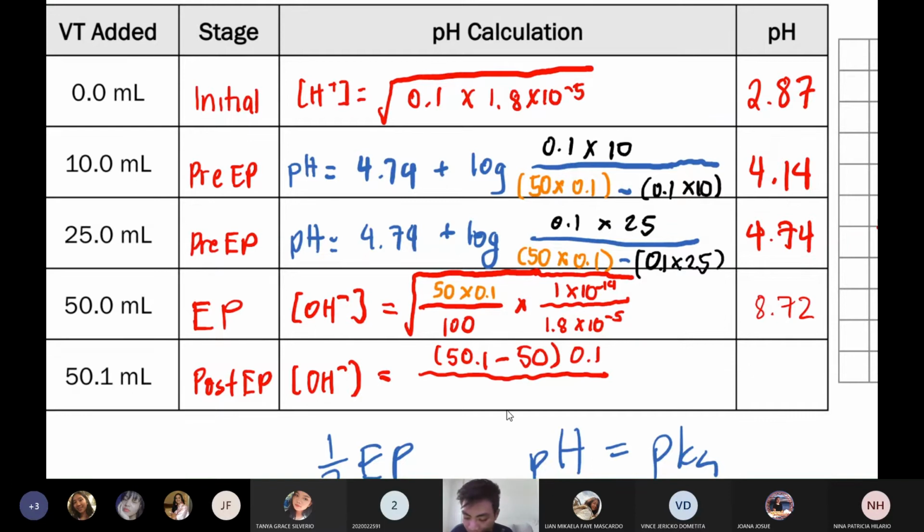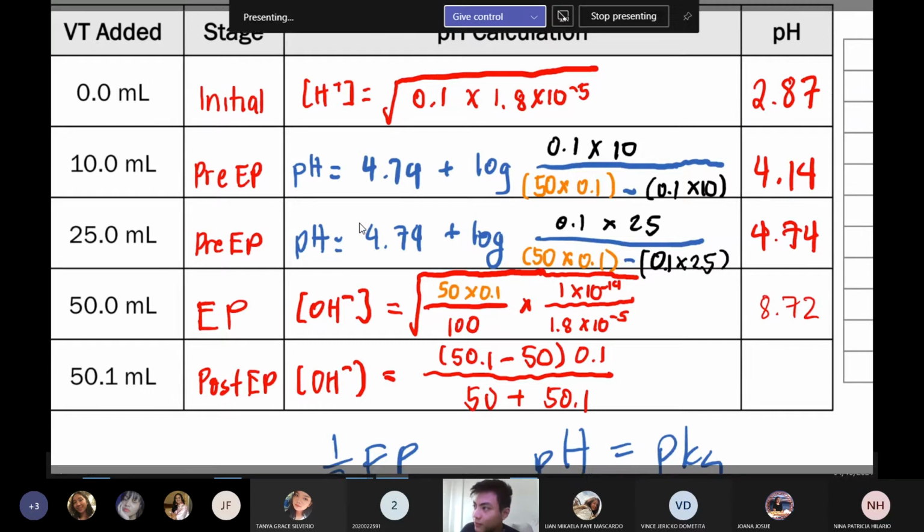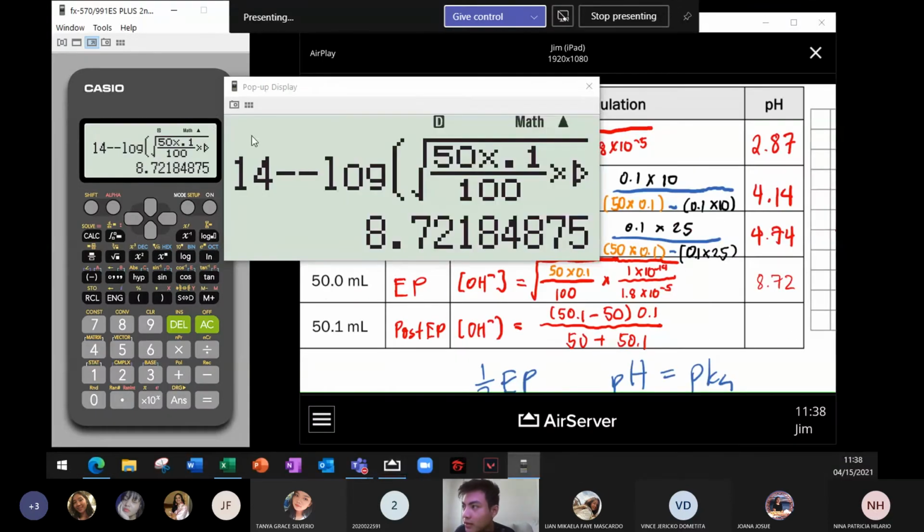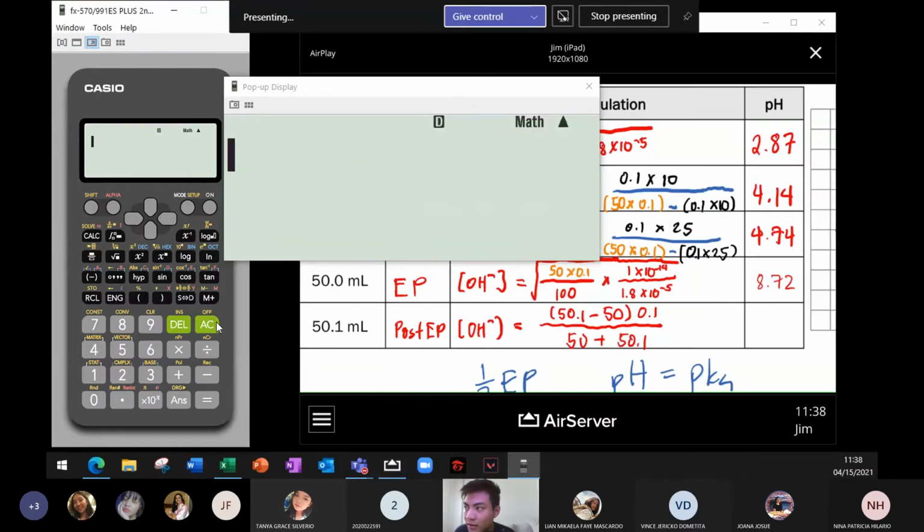Ano yung volume total? 50 sa analyte and 50.1 sa titrant. So 100.1 na yung ating total volume. Kalahati na siya ng Erlenmeyer flask. Plug in natin dito.